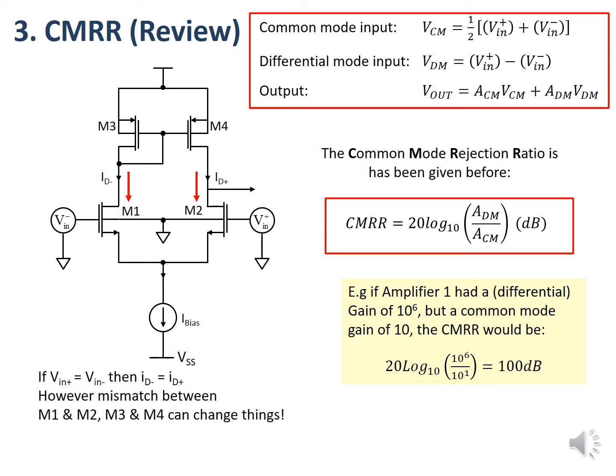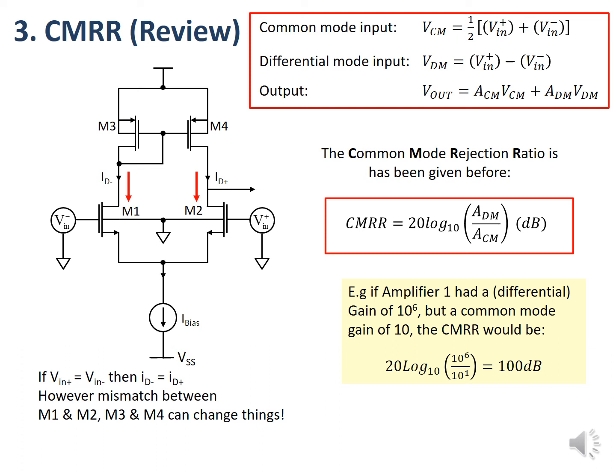This is all assuming, of course, that M1 and M2 are perfectly identical. Any slight mismatches between those transistors will increase the possibility of there being the common mode problem. So I want those to be as identical as possible, but inevitably there are some small differences, and that causes these common mode situations. But it can be reduced to be very small.